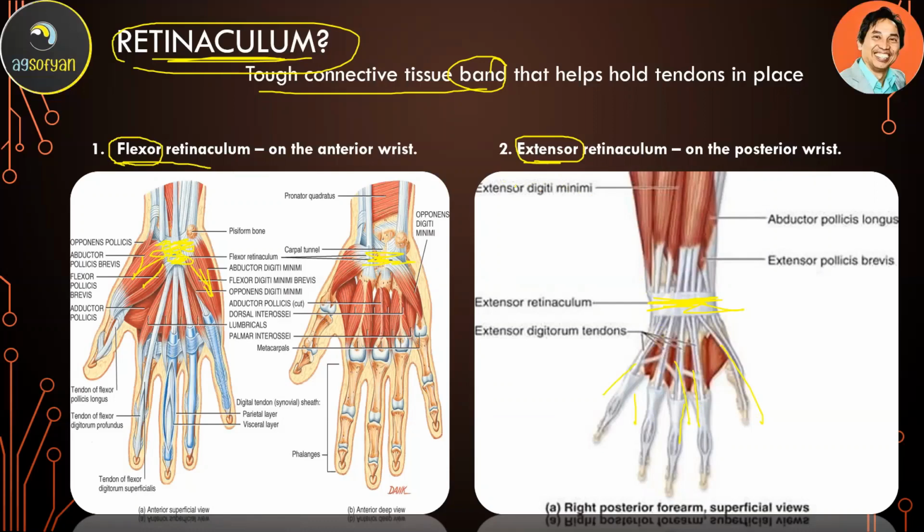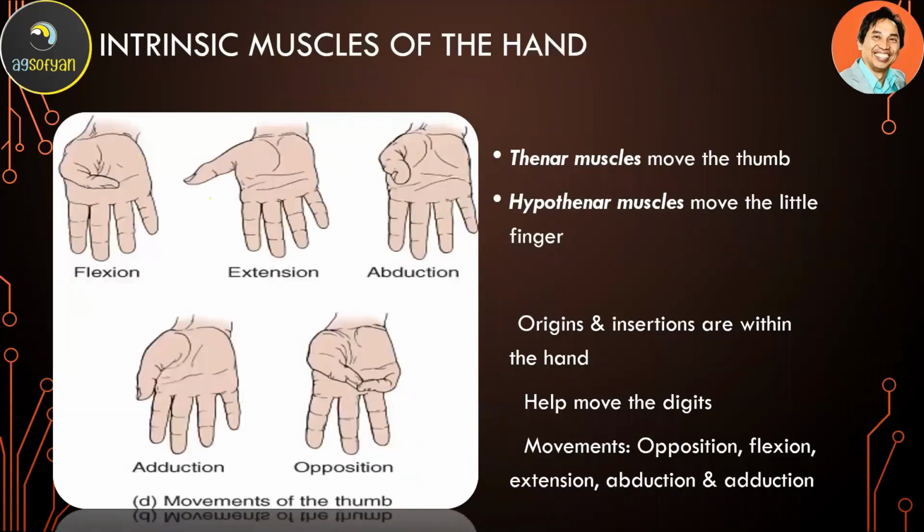So extensor retinaculum on the back, flexor retinaculum on the palm side. This is just showing us some movements that we can do with our fingers, like flexion, extension, abduction, adduction, opposition, etc. They're all done by muscles, whether extensor or flexor muscle.